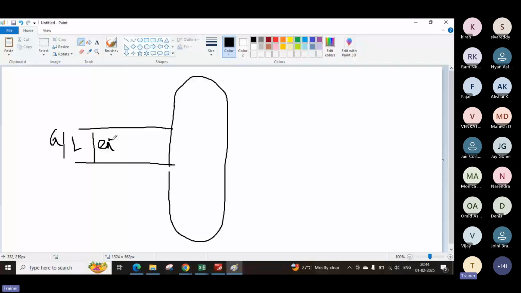When you see the two-phase criteria, whether it is bubbly flow, churn turbulent flow, mist flow, dispersed flow, or annular flow, generally you will see liquid in the bottom portion because of the density of the fluid, whereas the gas is in the upper section of the pipe. This is the major one we have generally used.